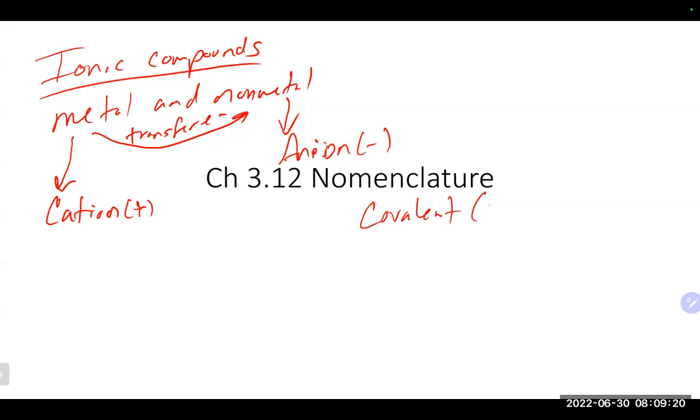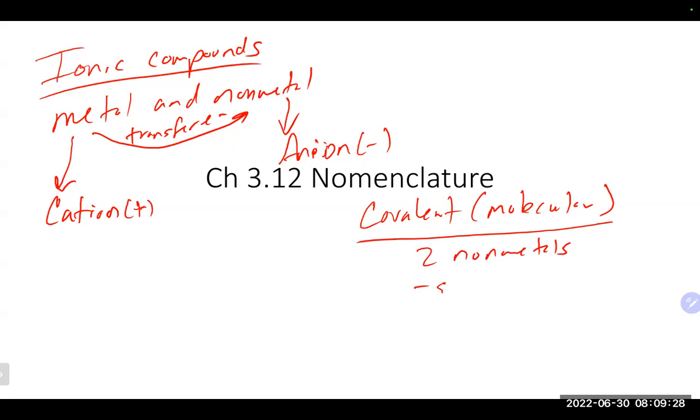These are usually between two or more nonmetals, and here we do have sharing of electrons. So it's really helpful in naming to identify the type of compound you're going to be naming, and follow the specific rules.